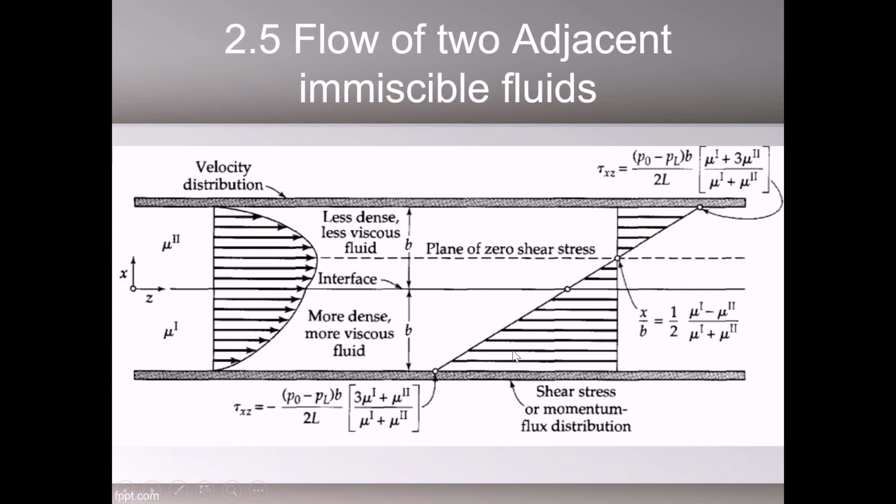Then we try to solve the shear stress and velocity gradient of this one. Okay, so let's try to do it. Before we do, we should realize that for this example we can take the control volume, but the fluid above here and the one below here are different fluids.